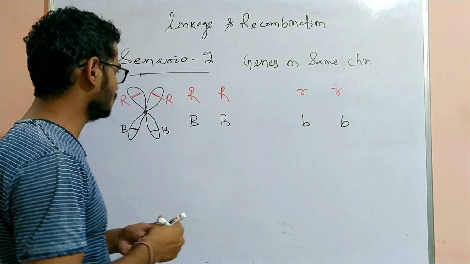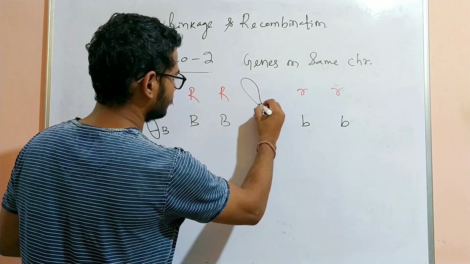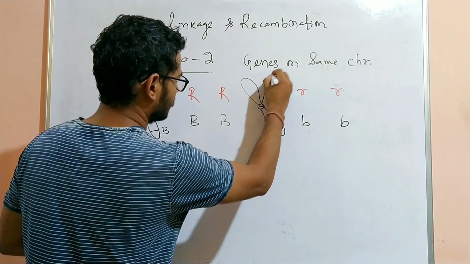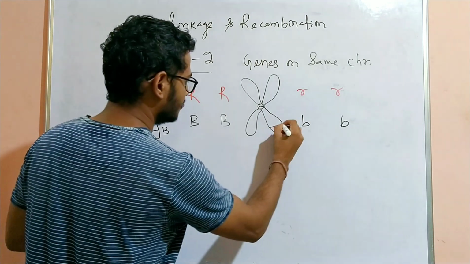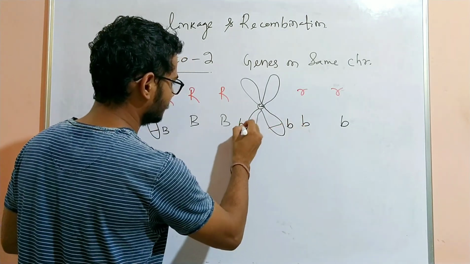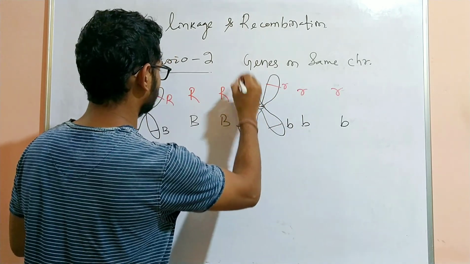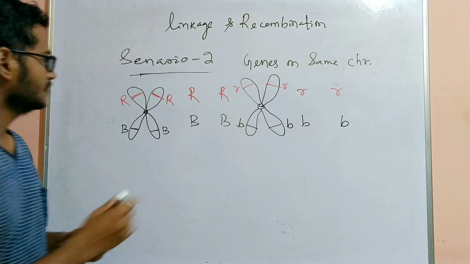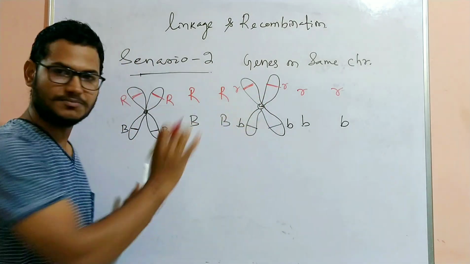In this chromosome, I can draw it like this. Again, in this chromosome, I have small b here and small r here. Okay, clear? So these two are homologous chromosomes.